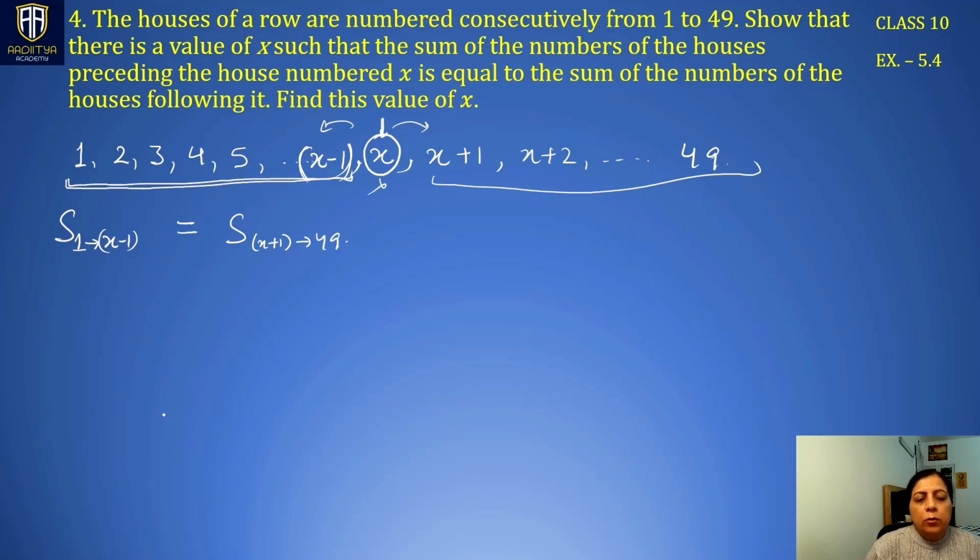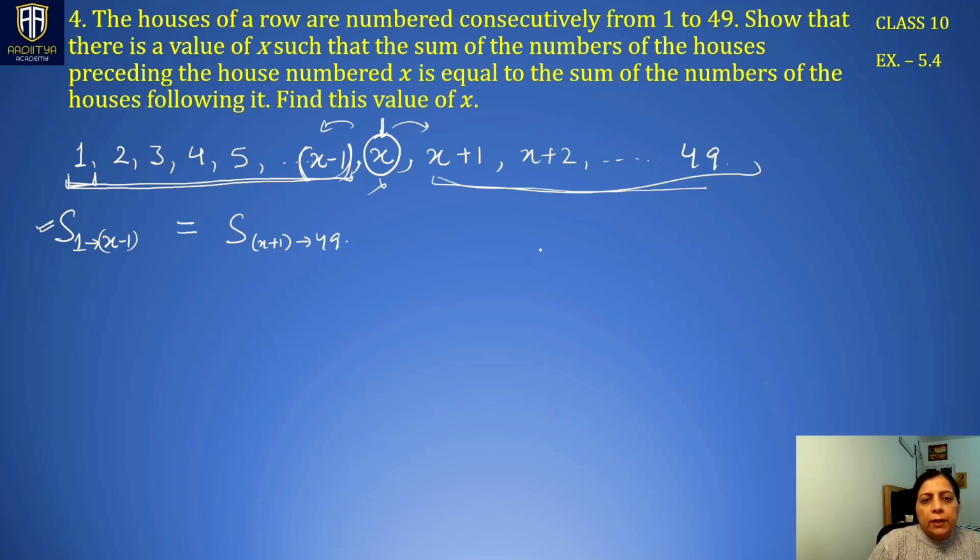So now how can we find these two sums? If a is known, d is known, n is known, this is the direct sum formula. But for this, how can we do this? Because the first term here is this, but the number of terms will not be known. So what we can do here is, look here.